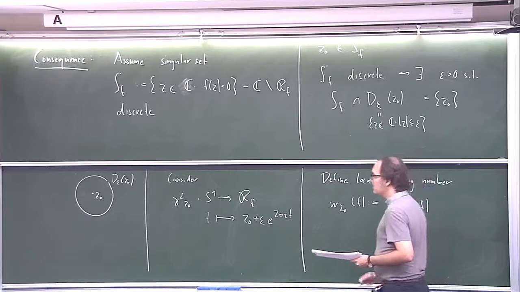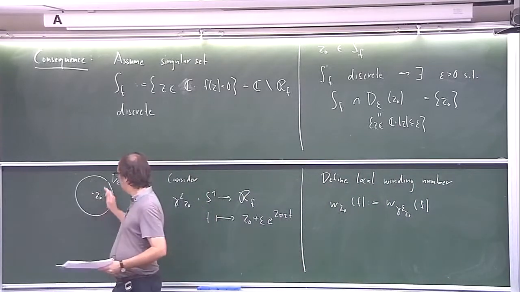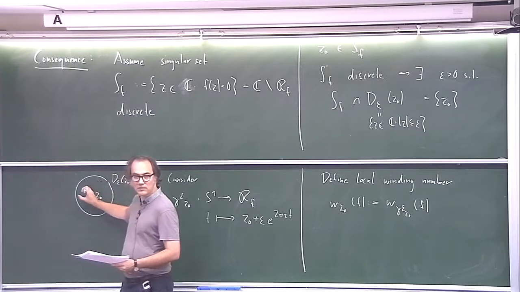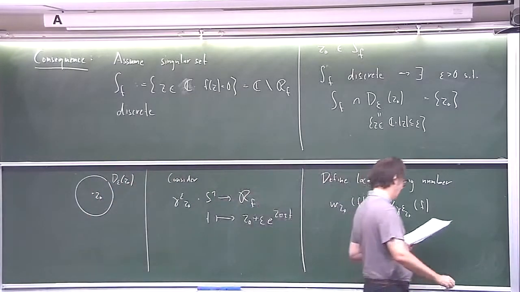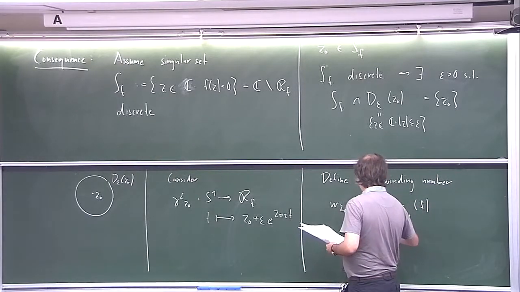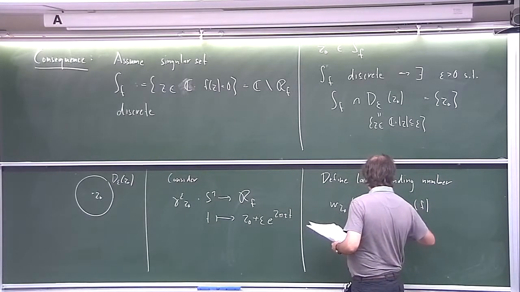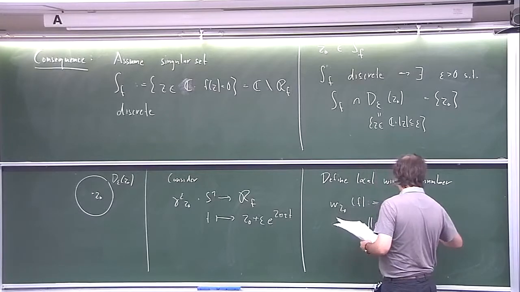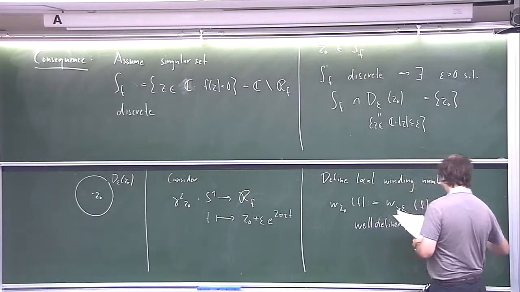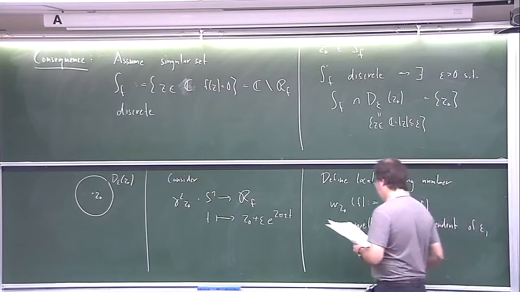And because there are no other singular points in this ball, this is independent of epsilon. You can use other epsilon. So it is well defined, independent of epsilon by homotopy invariance.